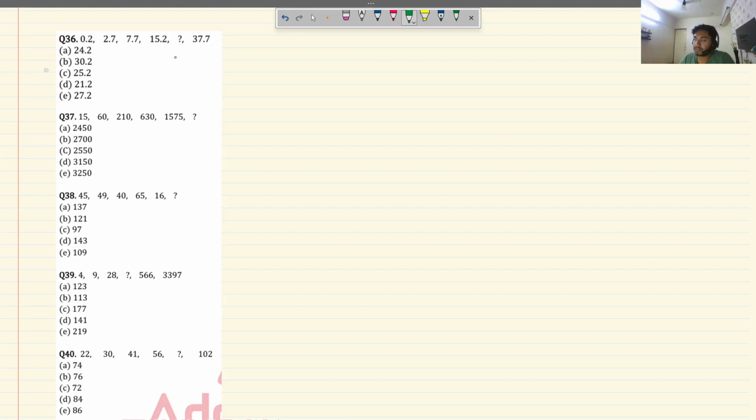How to find the missing term. So not very big numbers. Let's start with just consecutive difference. So consecutive difference here is 2.5. 7.7 minus 2.7 is 5.